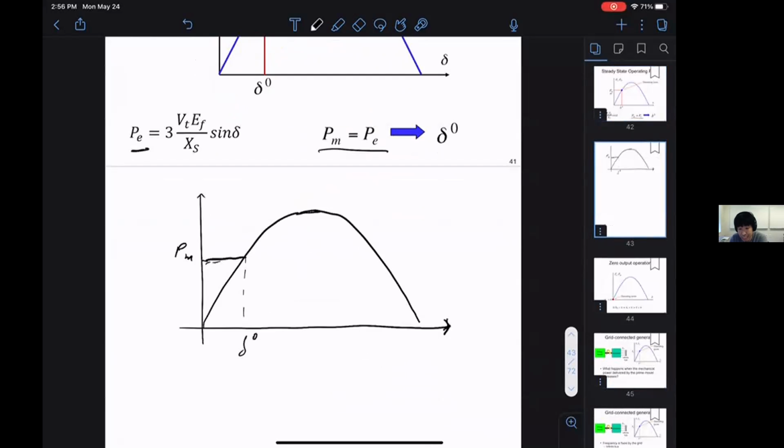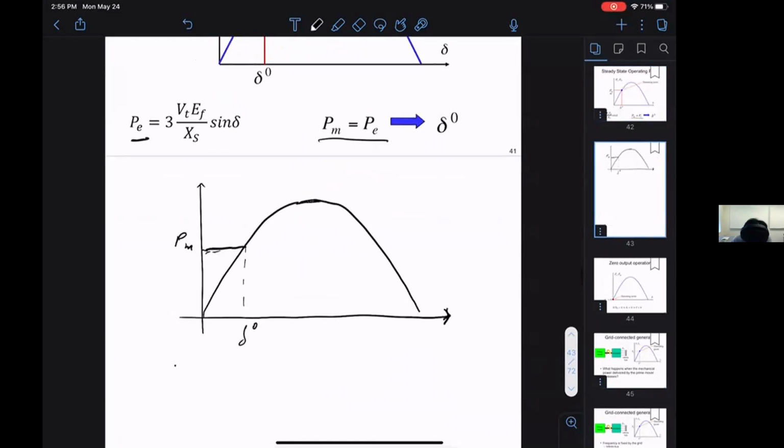So when I'm at the point PM, delta zero, let's say we increase PM, the mechanical power you have into the generator, by a little bit.